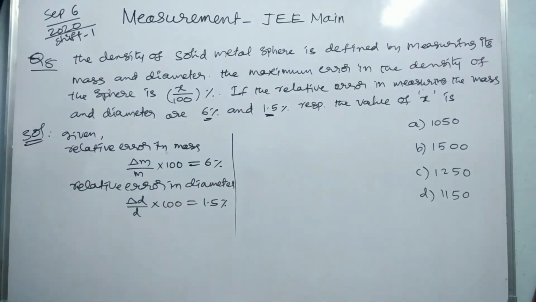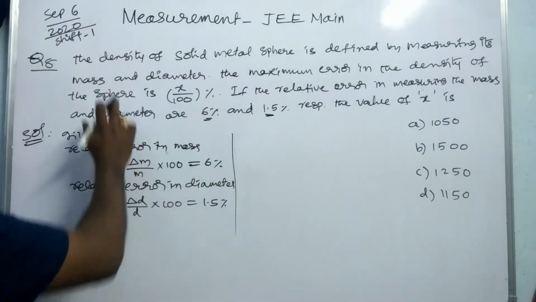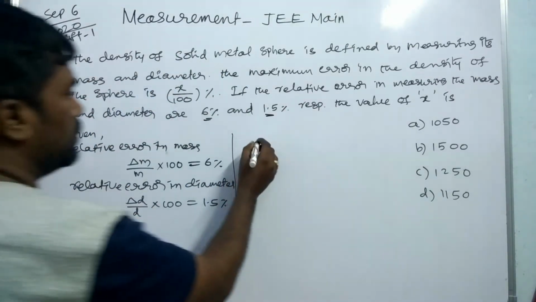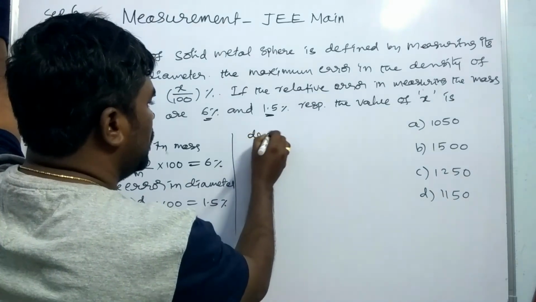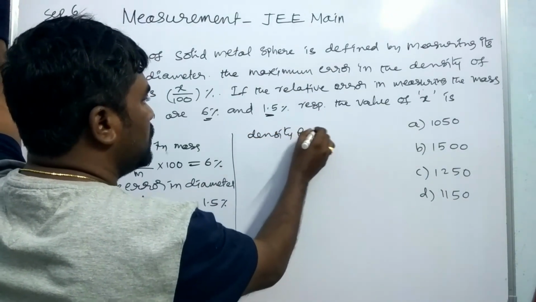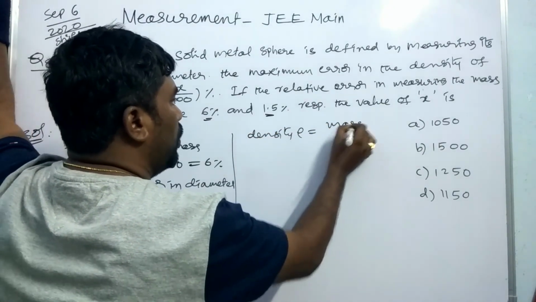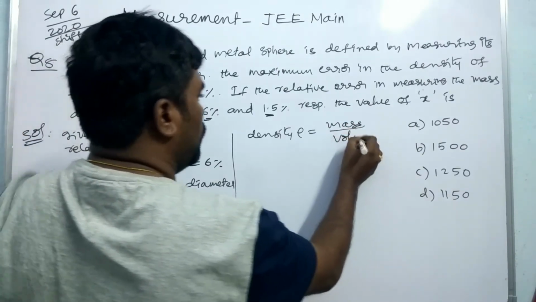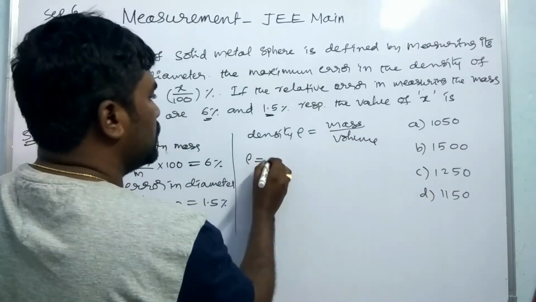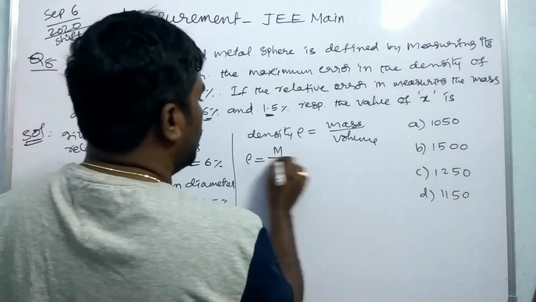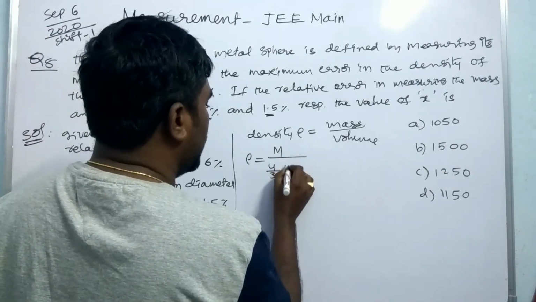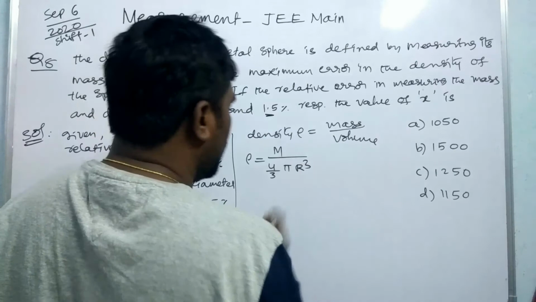Now you can find the density of the solid sphere. Density rho is equal to mass by volume, which is nothing but m by 4 by 3 pi r cube, where r is the radius.